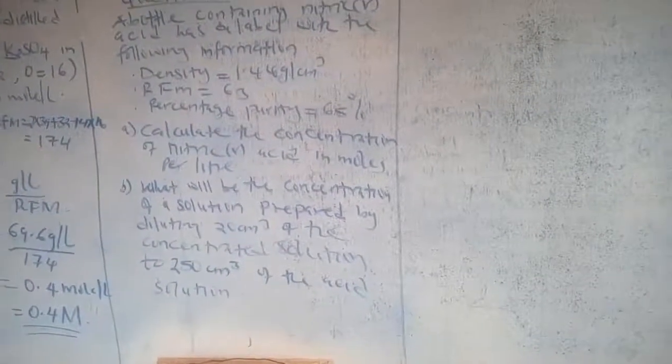Lastly, the percentage purity of the acid is given as 65. In the first part of the question, you are required to calculate the concentration of nitric acid in moles per liter.